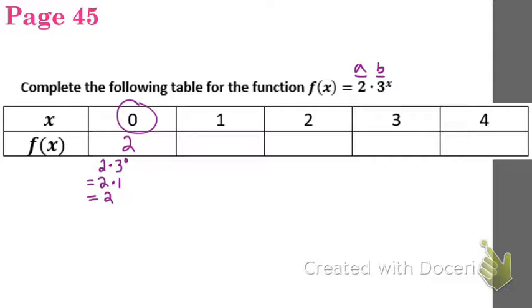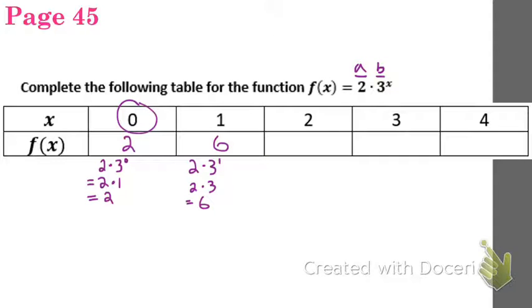Okay? X equals 1. Move over a little bit. X equals 1. 2 times 3 to the 1 power. Anything to the first power is going to be itself. 2 times 3. That equals 6. Okay. Why don't you guys fill out the rest of this table?